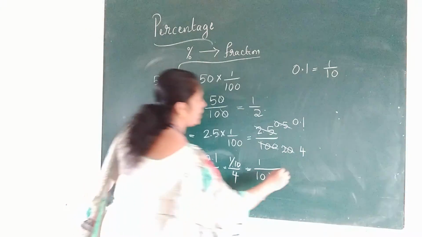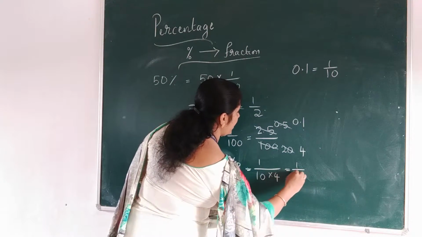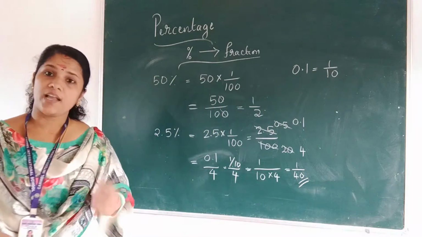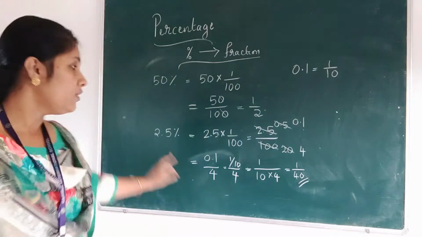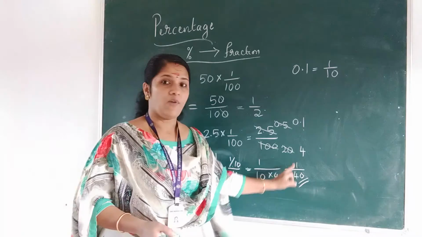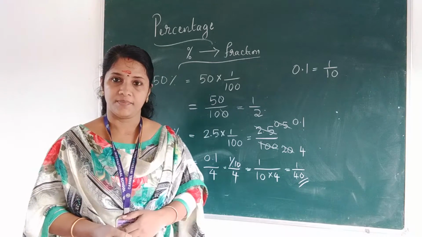So it will be 1 by 40. So the fractional representation of 2.5% is 1 by 40.